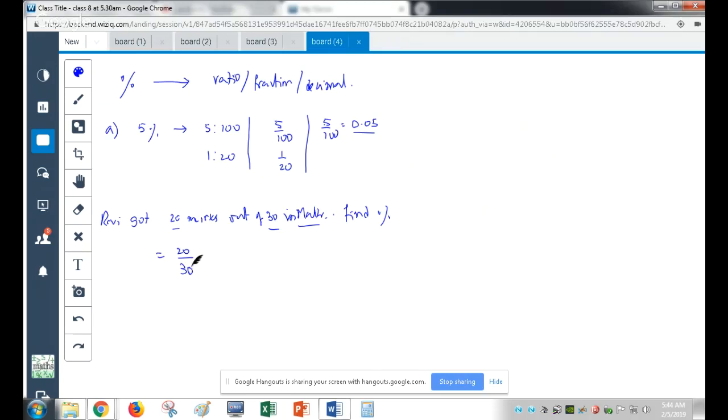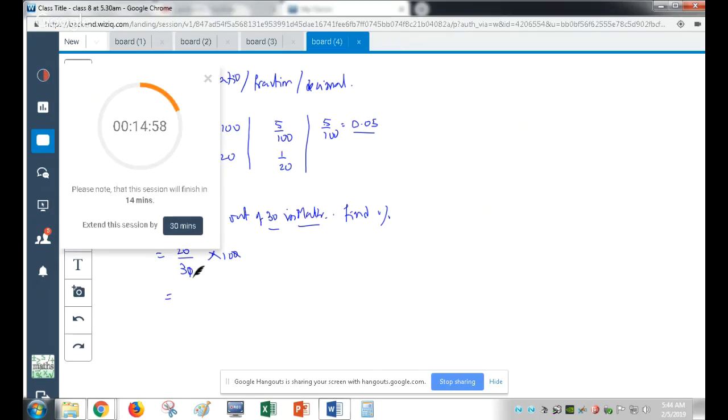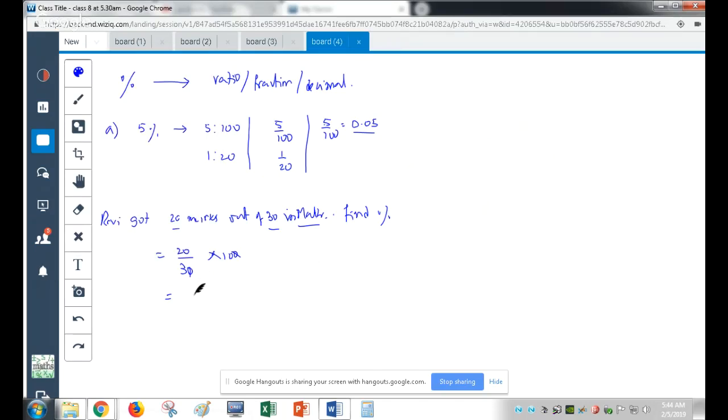And then how to convert this fraction into a percentage? We have already done it, multiply with 100. So 10 cancel. So then how much is this? 200 by 3, which is equal to 66 2 by 3 percentage. You can put the answer either as a mixed fraction or decimal.